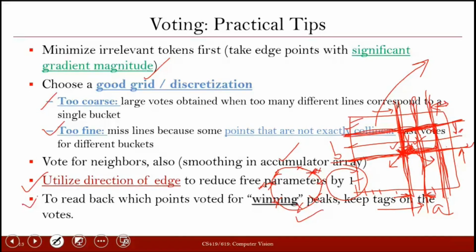And one more important thing we need to keep in mind is this. Whenever we are detecting a suitable value for a model parameter, we have to go back to the image space and plot.